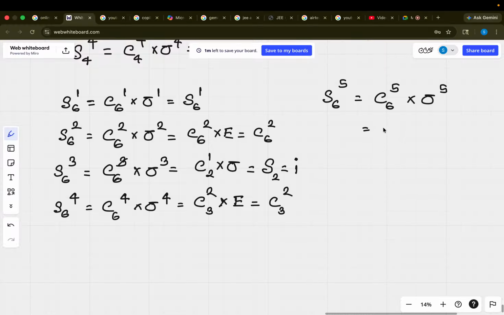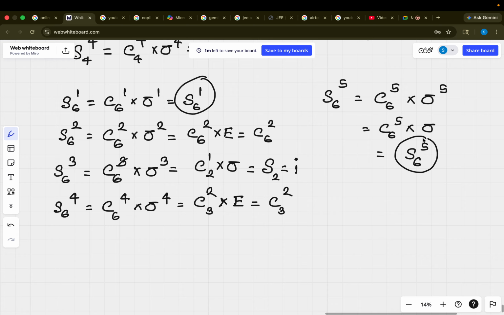So C6^5 is basically your C6^5, and sigma to the power odd means sigma, so you are getting here S6^5. So here you are getting S6^1, you are getting S6^5, and another thing left, S6^6, so that means C6 to the power 6 into sigma^6, so that is also identical, this one is also identical, you are getting identical.